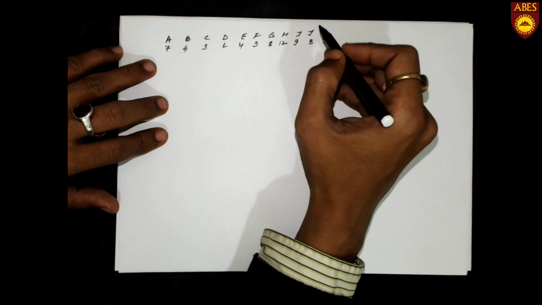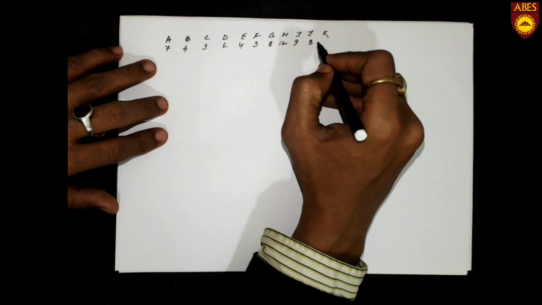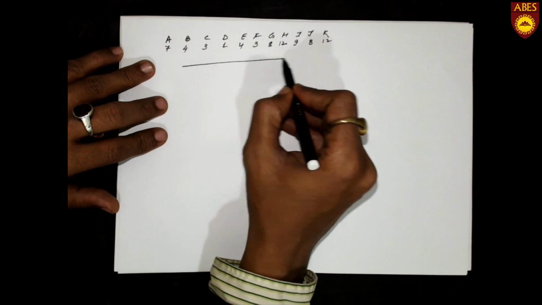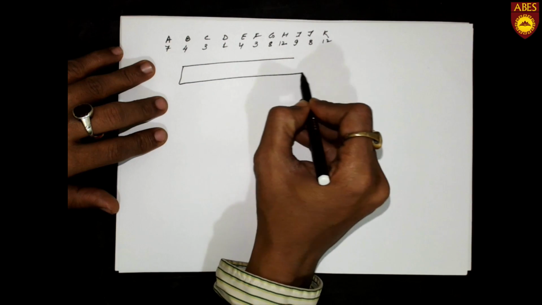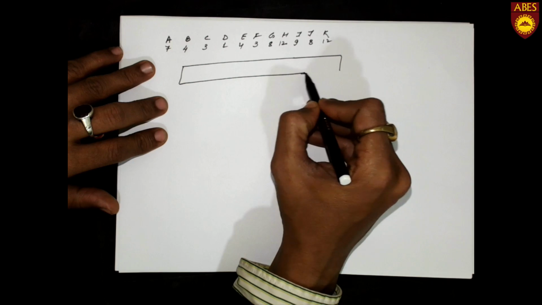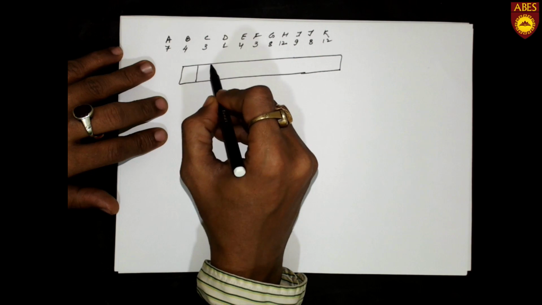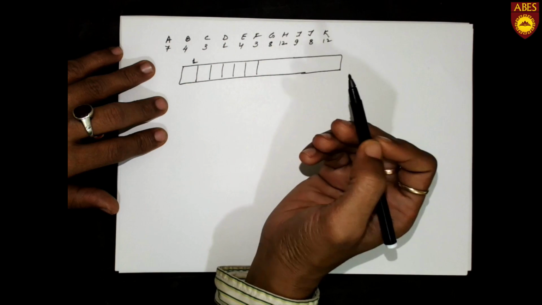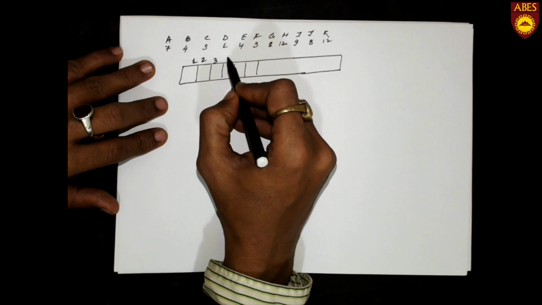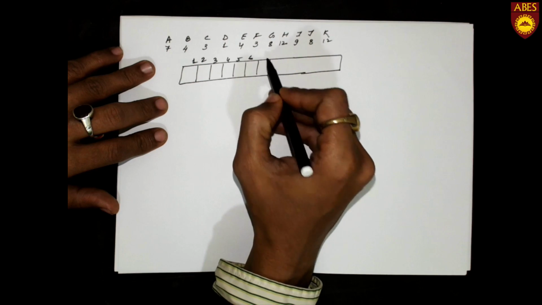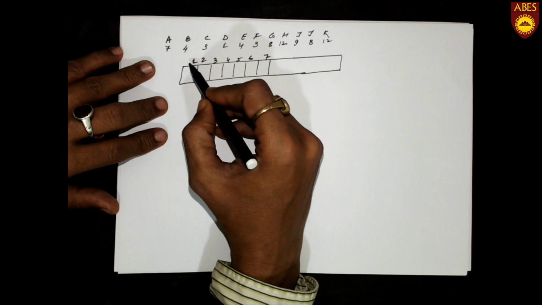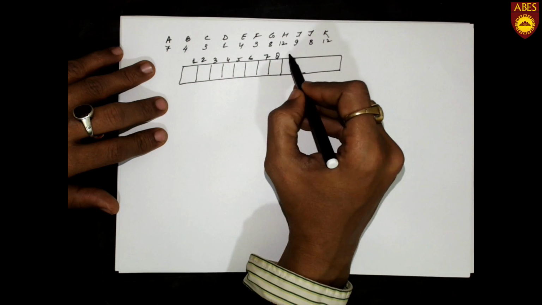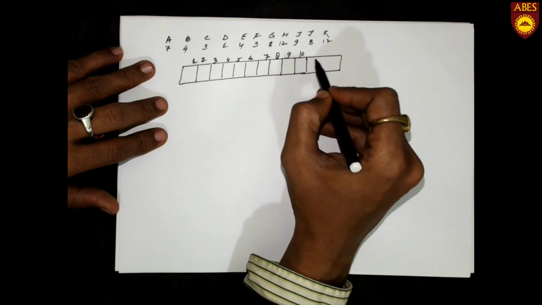And suppose one more element K, which has the hash location 12, and the hash table size is, let's say, 12, wherein the locations are 1, 2, 3, 4, 5, 6, 7, 8, 9, 10, 11 and 12.